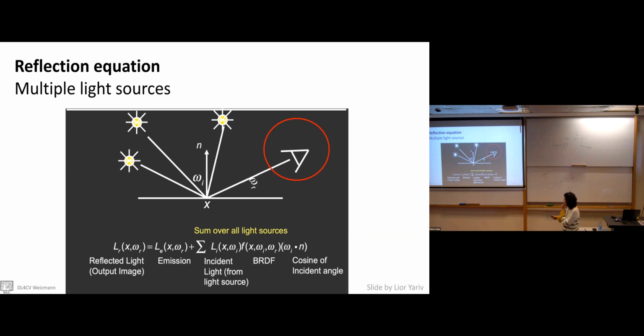I should take into account the incoming light, Li(X, WI), from here. I should multiply it by the BRDF from this direction to this direction, attenuate it by the cosine between WI and the normal, and then sum over all the light sources. Is this clear? Should I repeat it?